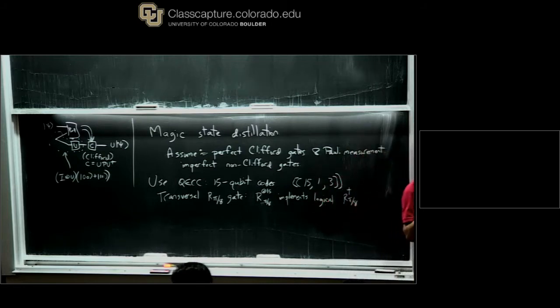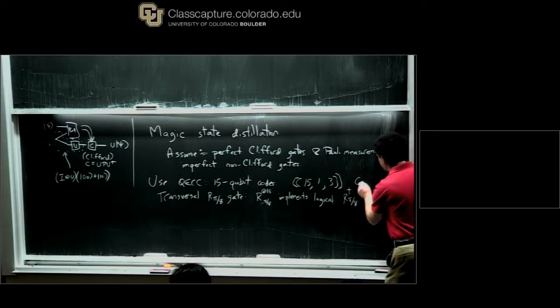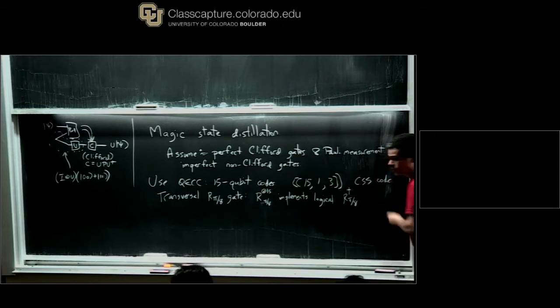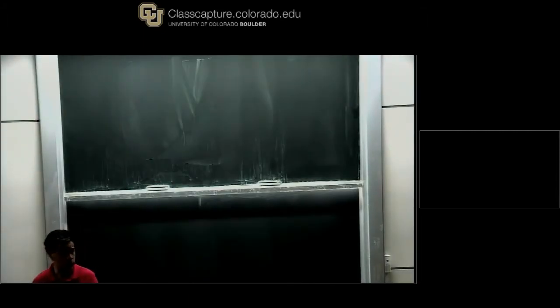So the 7 qubit code is a CSS code. This is also a CSS code. And it's based on a classical code, and the logical 0 for the 7 qubit code was a superposition over code words that had weight 0 mod 4. And the logical 1, it turns out, is a superposition of things that are weight 3 mod 4. And so if you apply the R pi over 4 rotation, you get a factor of i for each 1 in the state.